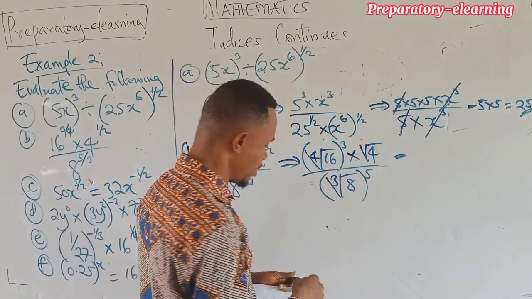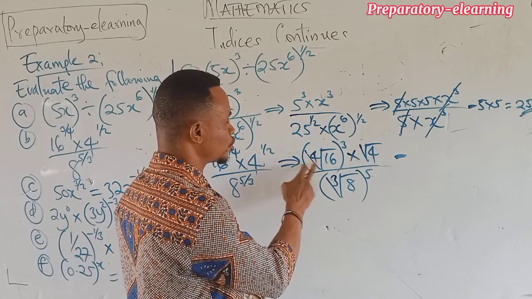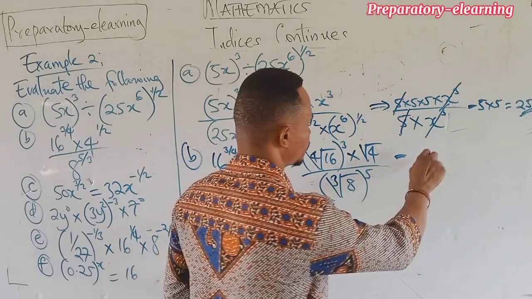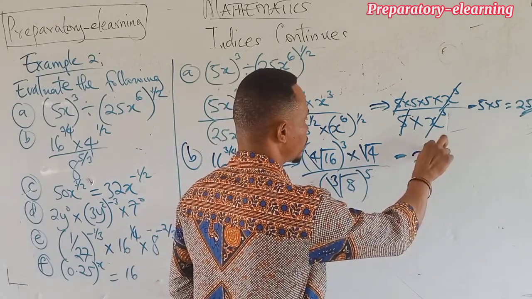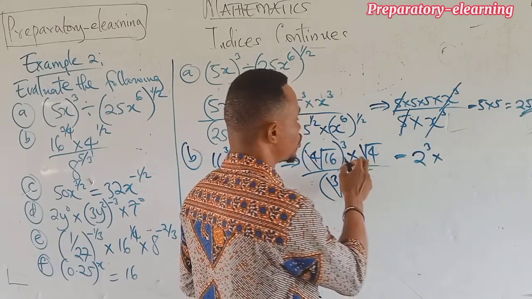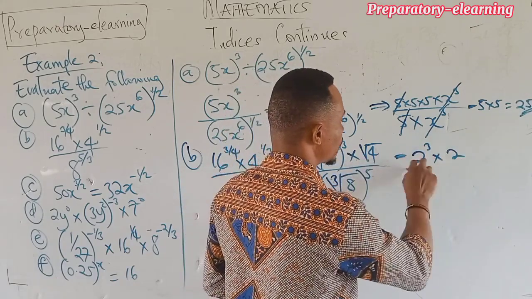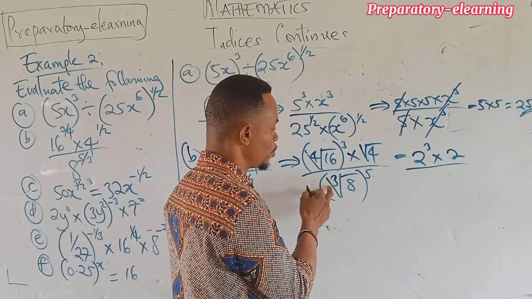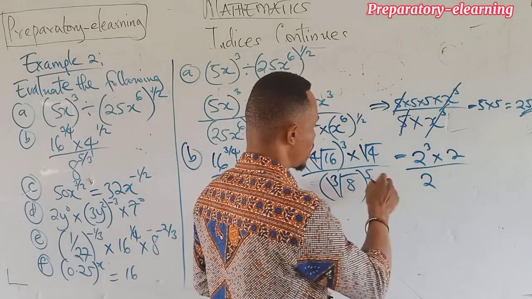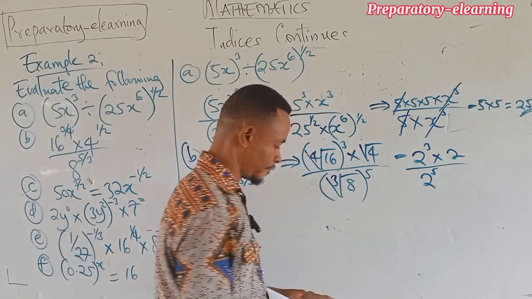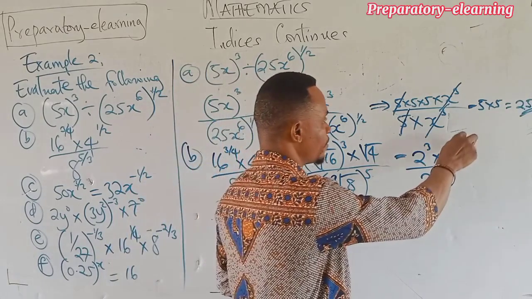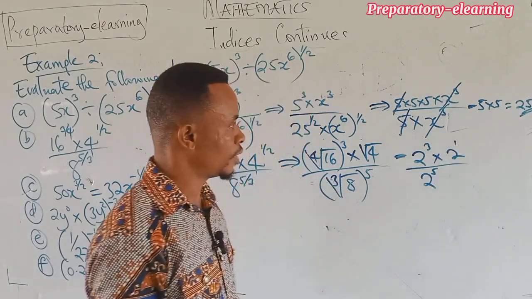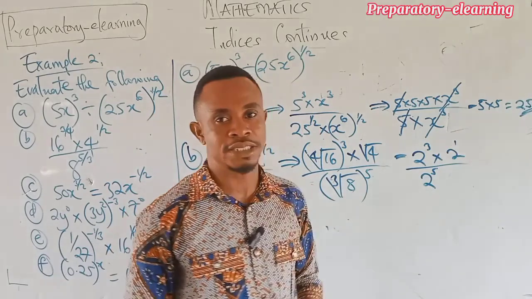Now, simplifying this, what do we have? Fourth root of 16 is 2. Power 3 times square root of 4 is 2, all over cube root of 8 is 2, and then power 5. This is like saying power 1, because anything to the power of 1 is that same thing.